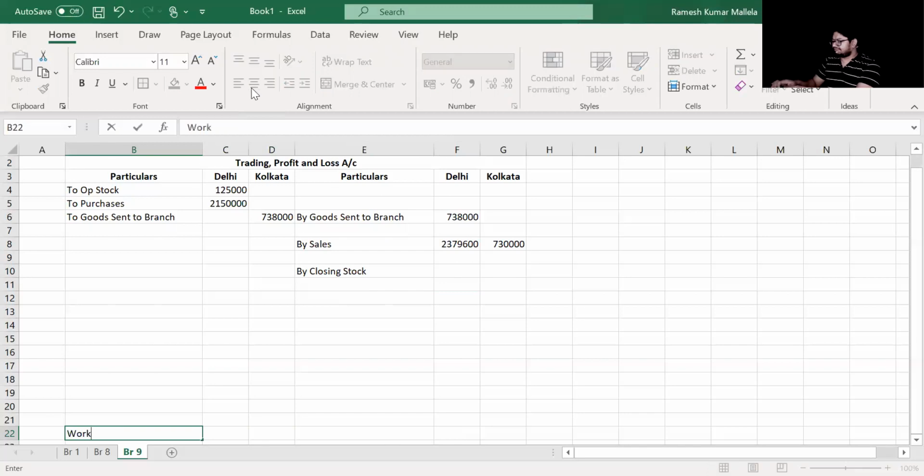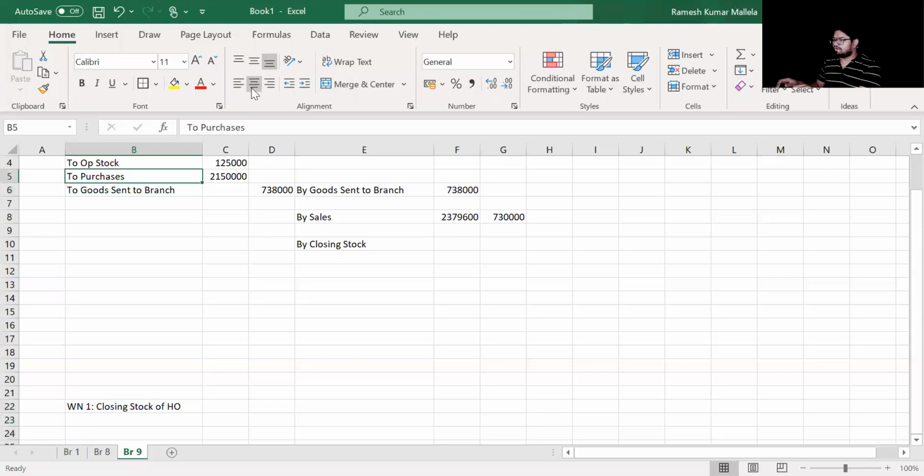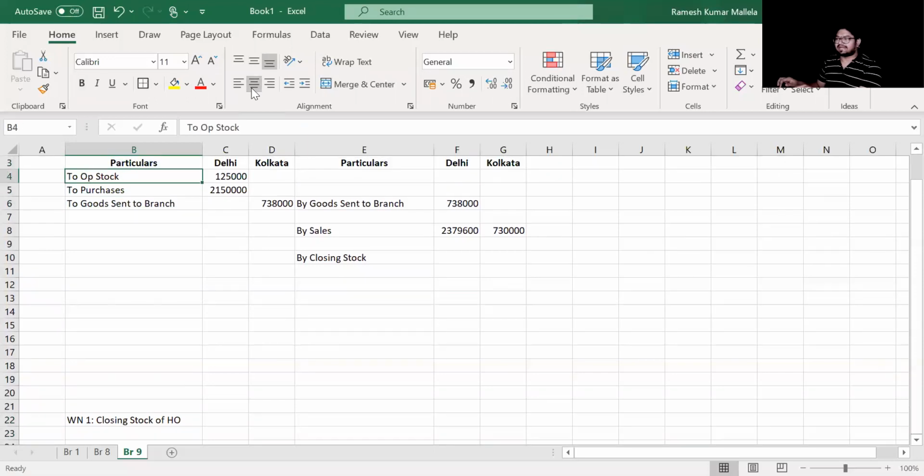Start with working note 1. Closing stock of head office, let us first do. Now, if you observe, he has given you opening stock of head office, which is 1,25,000.